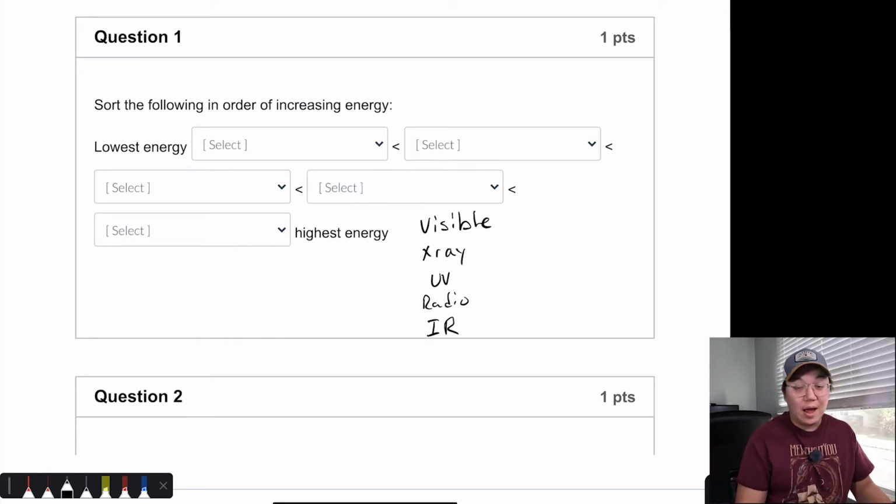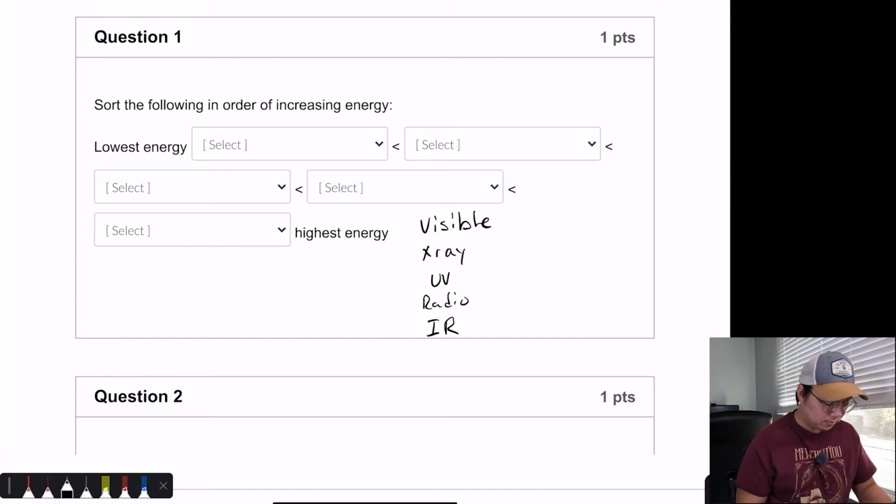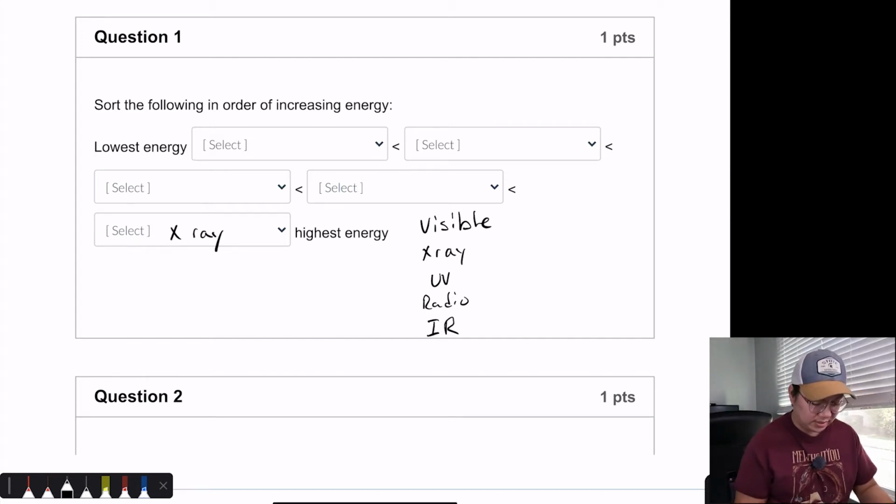X-rays are going to be the highest energy here. They're the most energetic radiation, and so you use lead-lined aprons and things to shield from those X-rays. So you put an X-ray. We'll start with the highest energy, so we'll cross that one out. Now we're left with visible, UV, radio, and infrared.